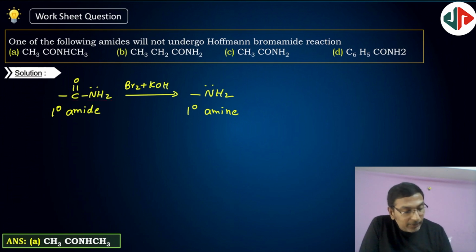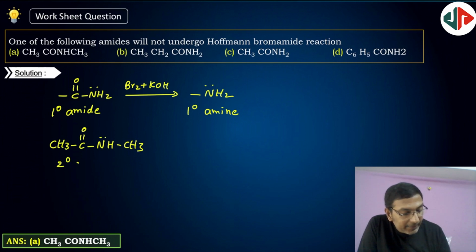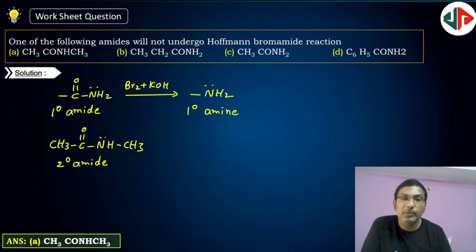But here in option A, CH3CONH, CONHCH3 is given. This is a secondary amide. A secondary amide will not undergo Hoffman bromamide reaction.